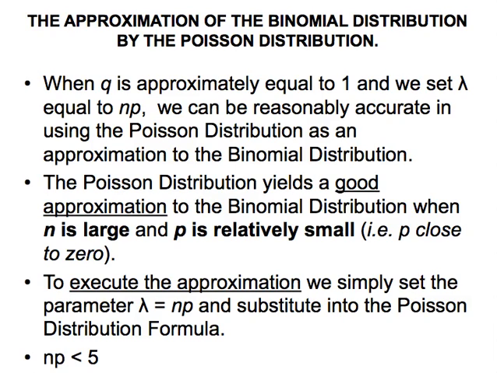The approximation is closer when n is greater than 50 and when p is close to 0. The condition you would use is n times p is less than 5. So if n times p is less than 5 and n is large, 30 or more, then you can use the Poisson distribution to work out a binomial situation.